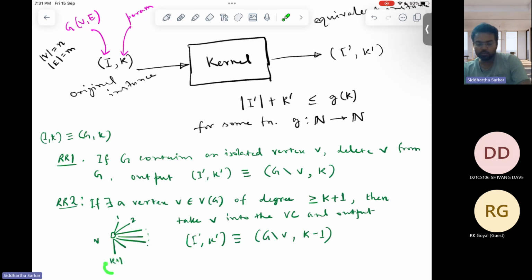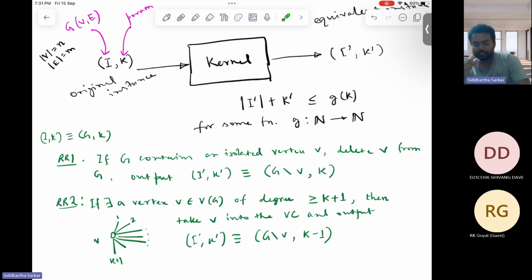Now you are allowed to take all the neighbors of v if there are k vertices, because you're only asking whether there exists a vertex cover of size at most k. But if there are k plus 1 or more neighbors of a vertex, and you do not take v, then you are forced to take all the neighbors, and you will definitely violate the condition that the vertex cover size should not exceed k.